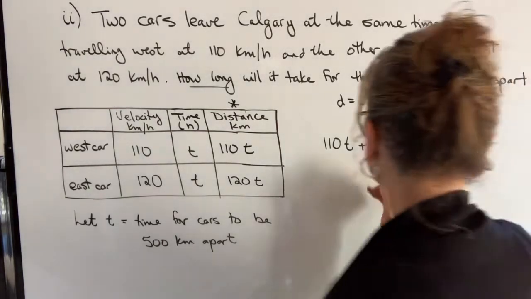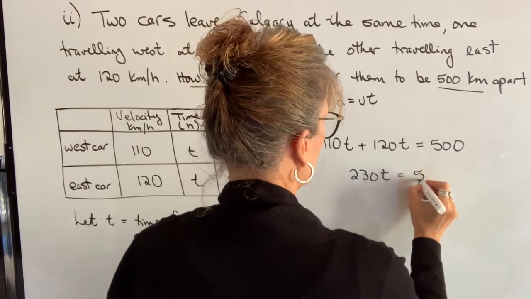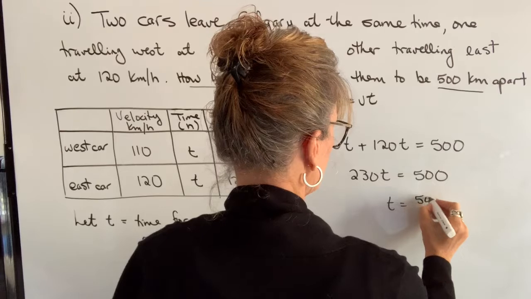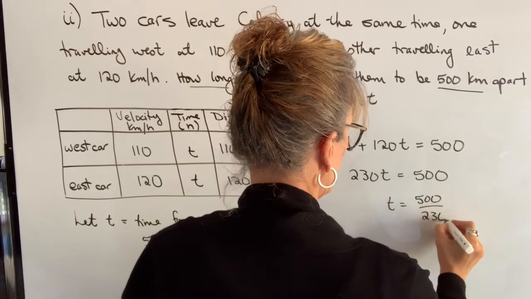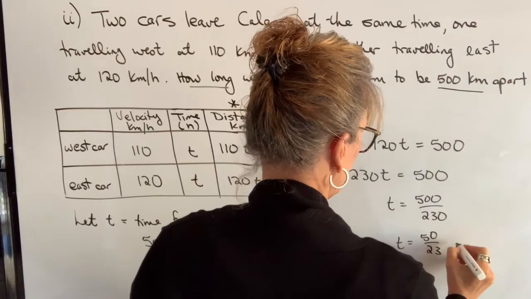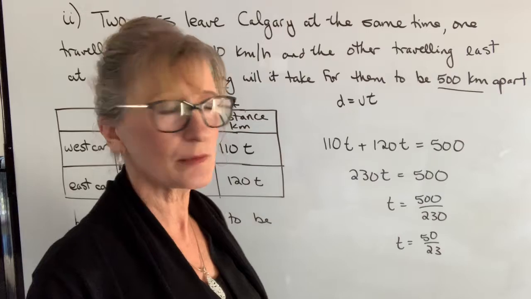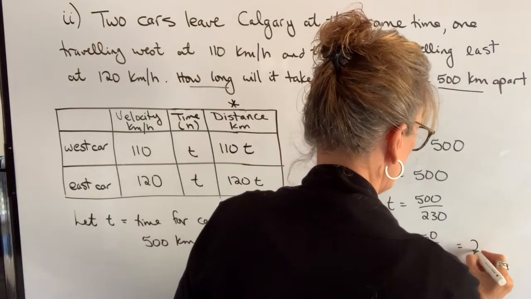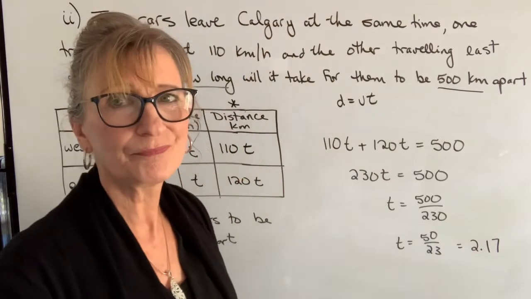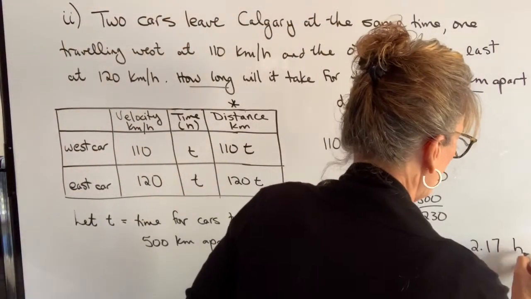Now we solve. So we've got 230t is 500, divide. So t is 500 over 230. That reduces to 50 over 23. And if we want to express it as a decimal number, which probably makes more sense in this type of application, we could round that off. I'm going 2 decimal places. It's going to depend on the situation. So time is 2.17 hours.